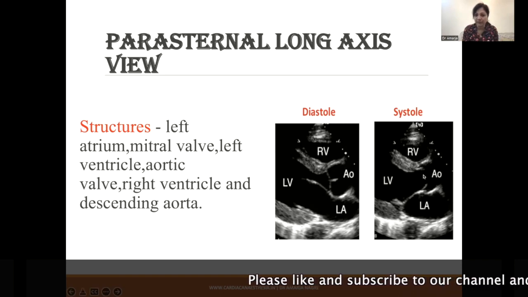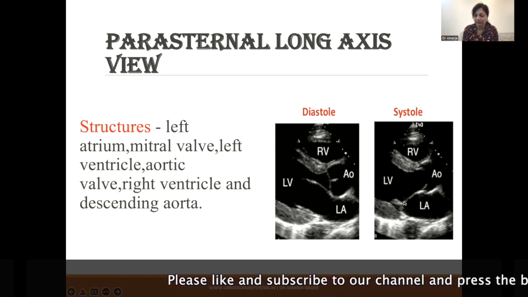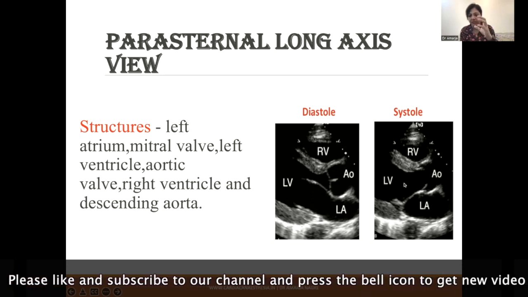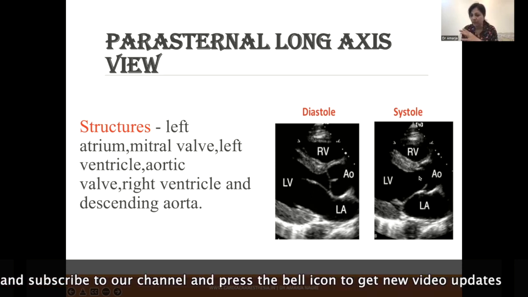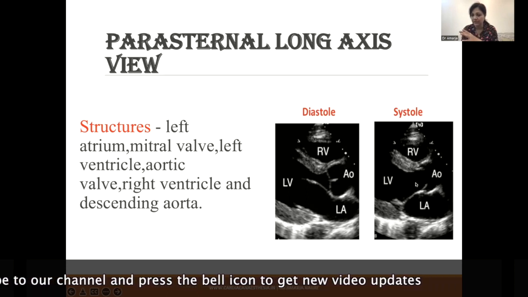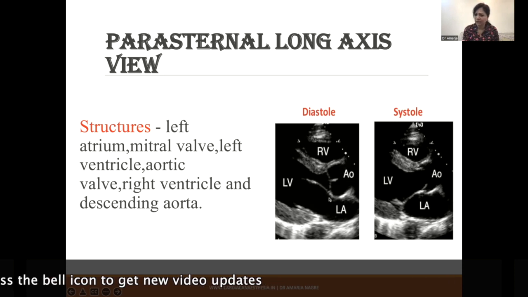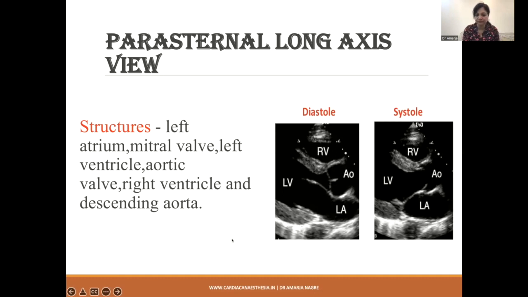When the mitral valve is closed and the aortic valve is open, it is always systole, because during systole the LV will contract and the blood will go out into the aorta. So you can remember any one valve: whenever the mitral valve is open, it has to be diastole always. So these are the structures we see in PLAX view.